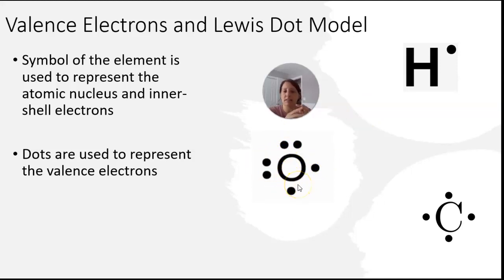So we say that there are 6 valence electrons. There are 2 pairs and then 2 lone unpaired electrons. These 2 electrons are going to be the ones that participate in bonding. Carbon doesn't have any pairs, it just has 4 lone electrons, and those 4 will participate in bonding.